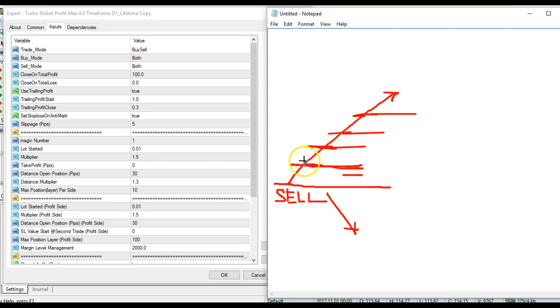But if you're 10 pips over here and your distance here is 30, that will be a losing value. So you should be putting this higher.